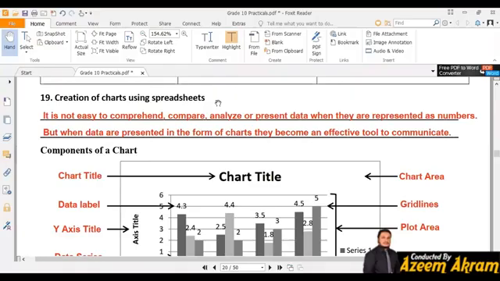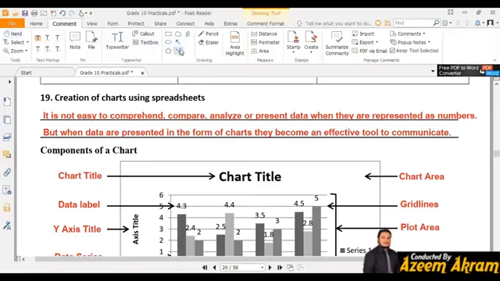So there are some values that you can display as a pictorial, graphical representation. Remember, this is called a chart. So we are just learning about charts. That's how the chart we can represent.